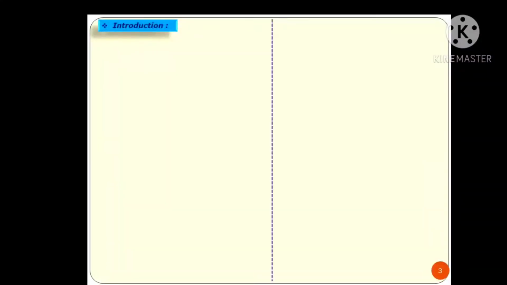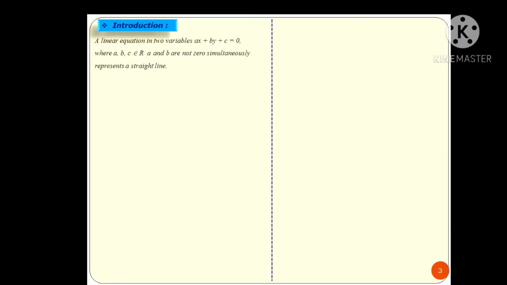Introduction. A linear equation in two variables x and y is the equation ax plus by plus c equal to 0, where a, b and c belong to real numbers, and a and b are not 0 simultaneously.